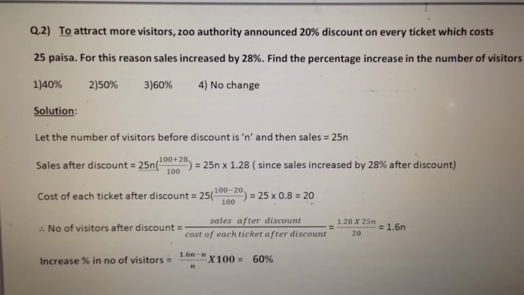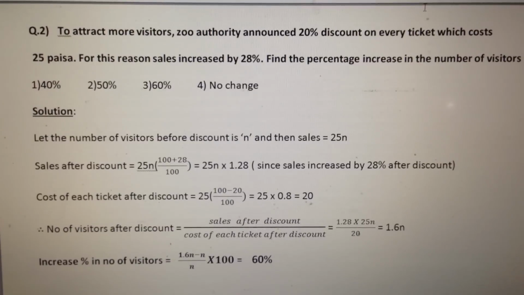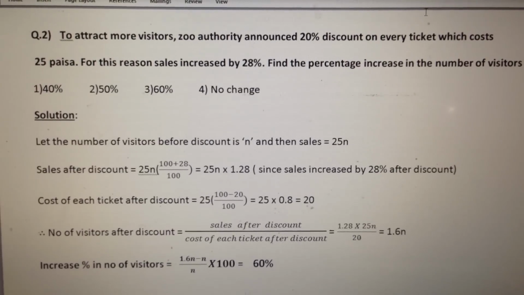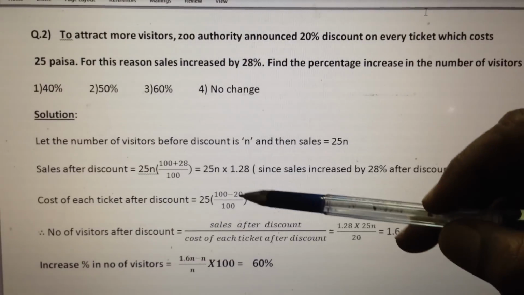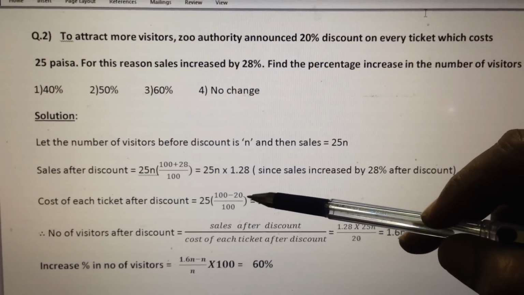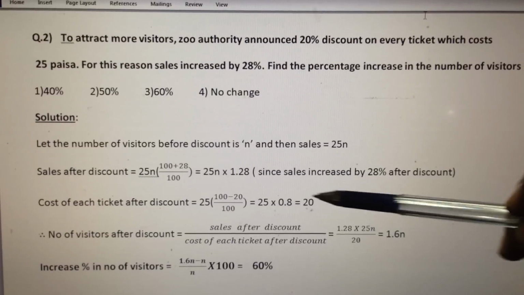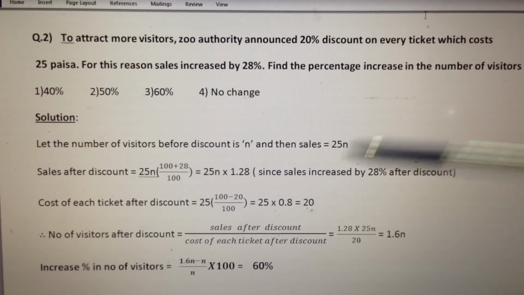Now it is also given that a 20% discount is given on each ticket. So cost of each ticket after discount is equal to 25 into 100 minus 20 by 100, which is 0.8 into 25 is equal to 20.